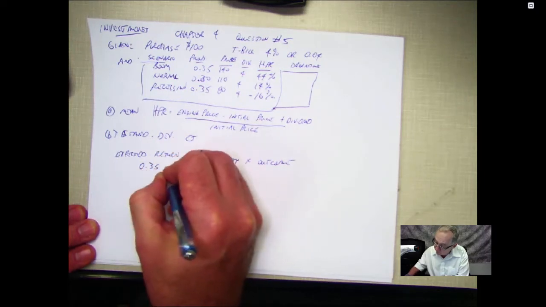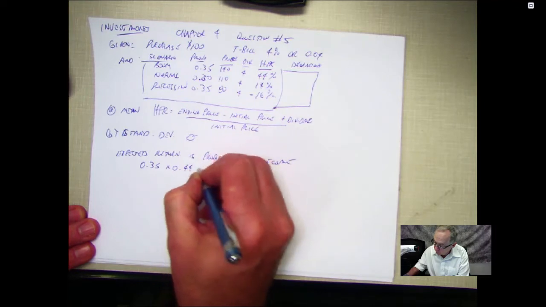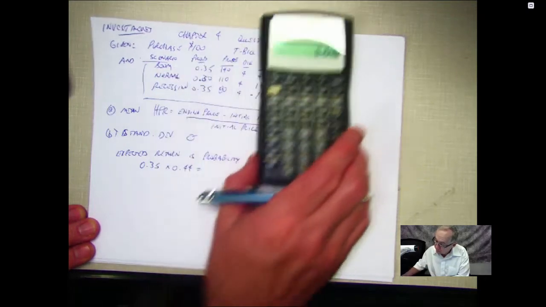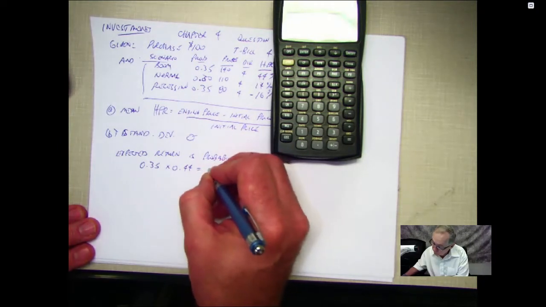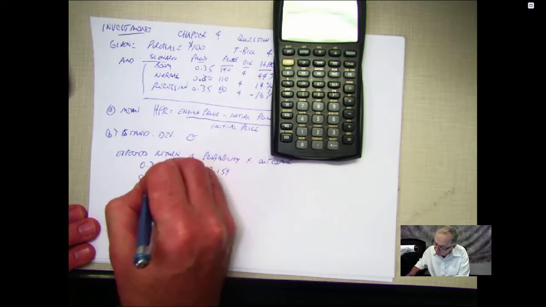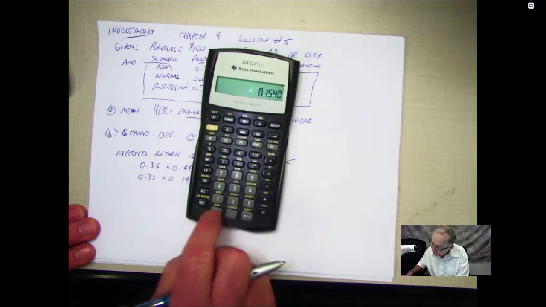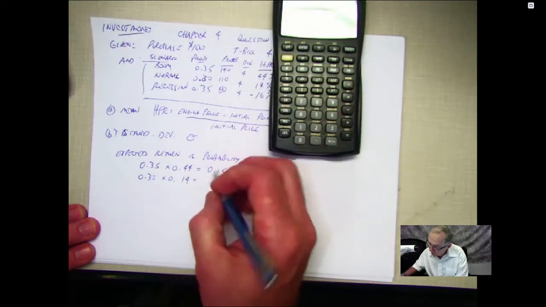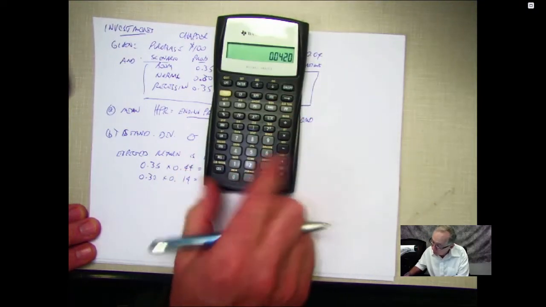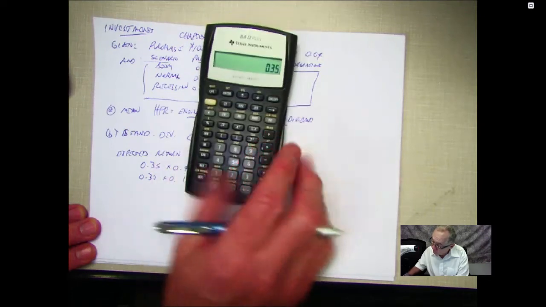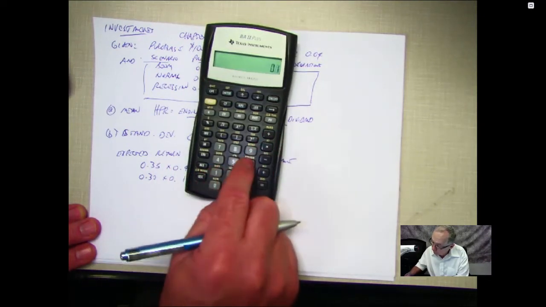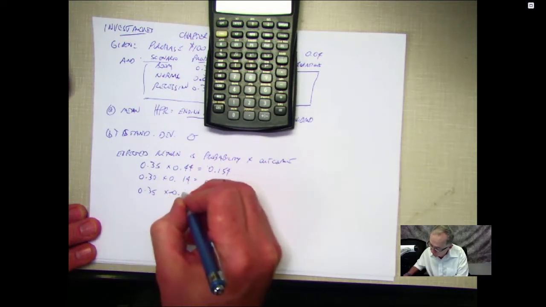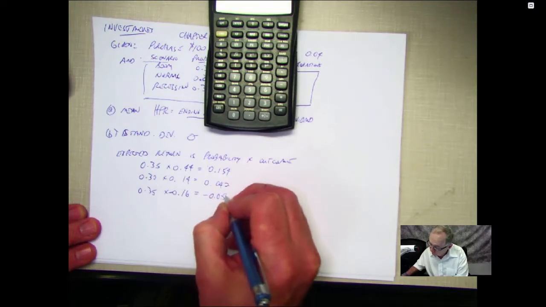Starting with 0.35 times 0.44 is 0.154. Then 0.30 times 0.14 is 0.042, and then 0.35 times 0.16, but converted to negative, minus 0.056.